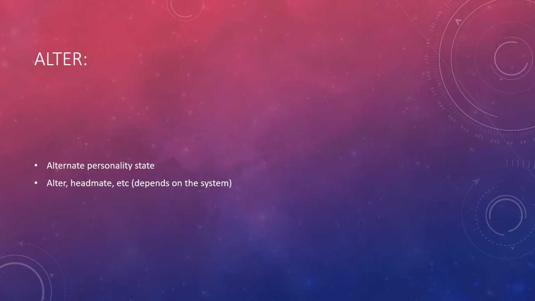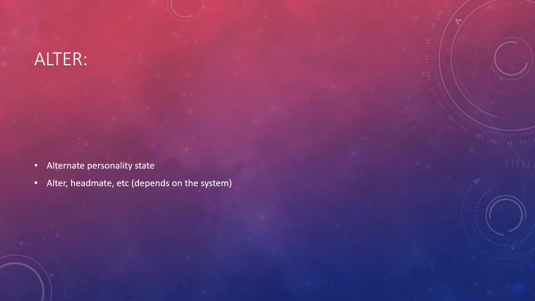Now, to start, we'll start off with the basic term of alter. An alter is a quote-unquote alternate personality state. Alters occur due to trauma around the ages of 5 to 9 when a child's personality has not quite formed. The trauma goes in and changes things around and it doesn't quite mesh anymore.